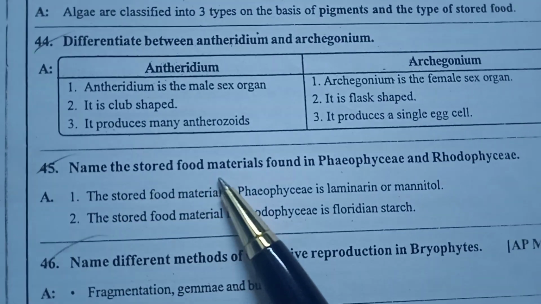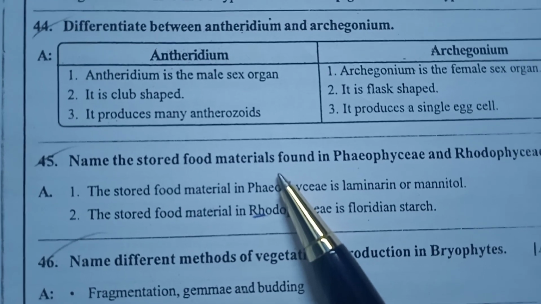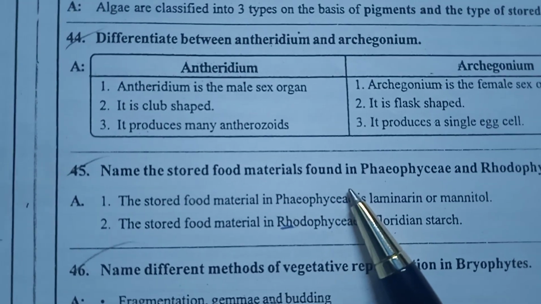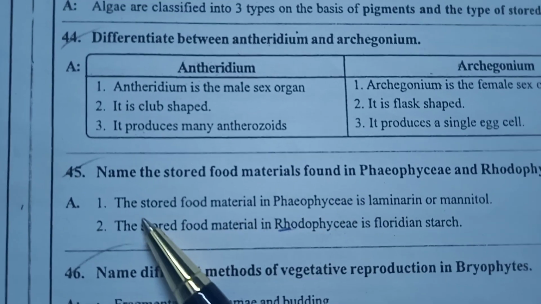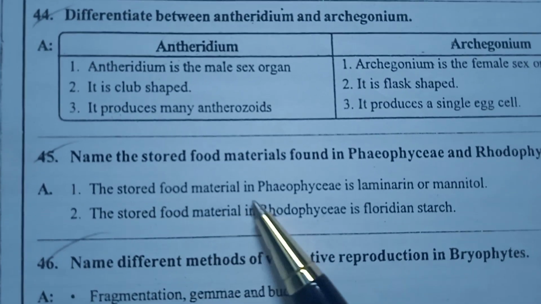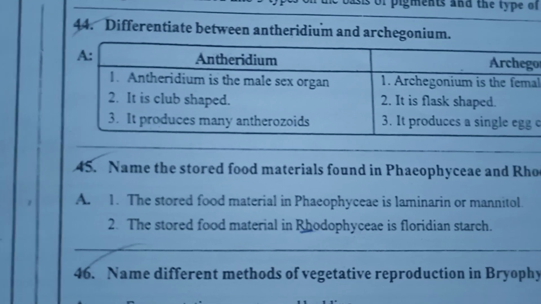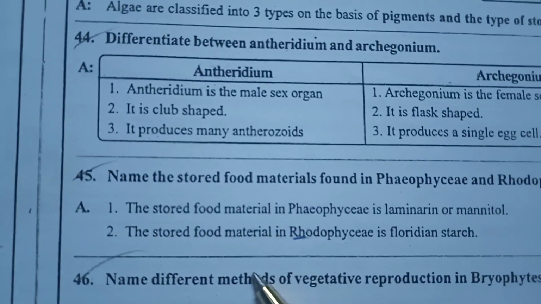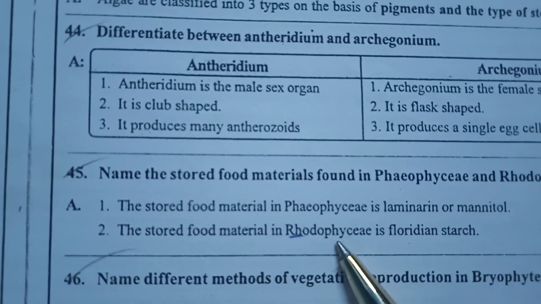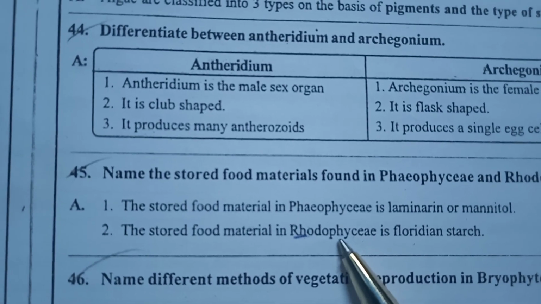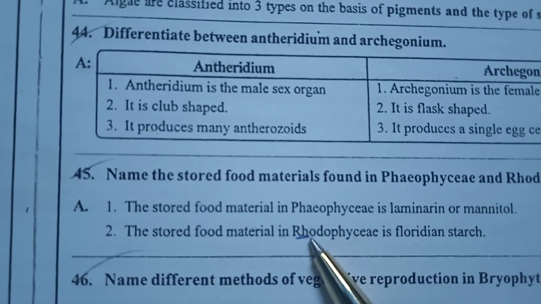Name the stored food materials found in Phaeophyceae and Rhodophyceae. The stored food material in Phaeophyceae is laminarin or mannitol. The stored food material in Rhodophyceae is Floridean starch.